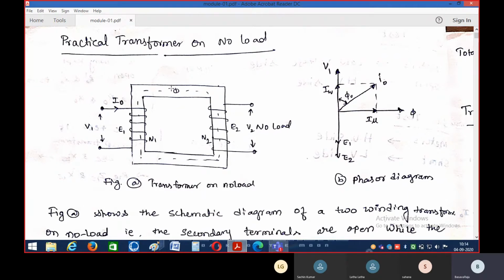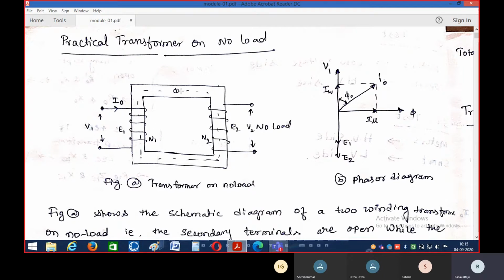This alternating flux crosses the primary winding of the given transformer and induces an EMF. This induced EMF is denoted with E1, which denotes the amount of primary induced voltage during the no load condition, or we can say that this E1 is nothing but the amount of EMF induced in the primary of the transformer. Okay.